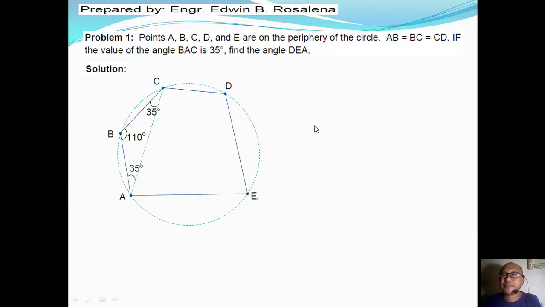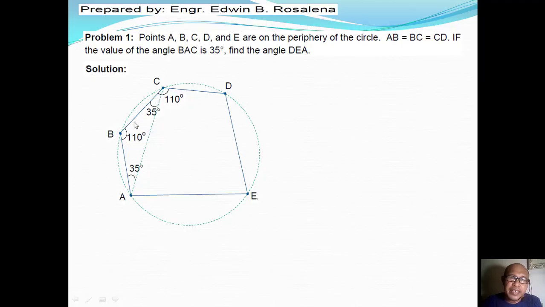Okay. Now, how will we solve for E? Now, take note that angle C here is also 110. What's your reason? Because AB and BC, including angle there is 110, we have also BC and CD equal.